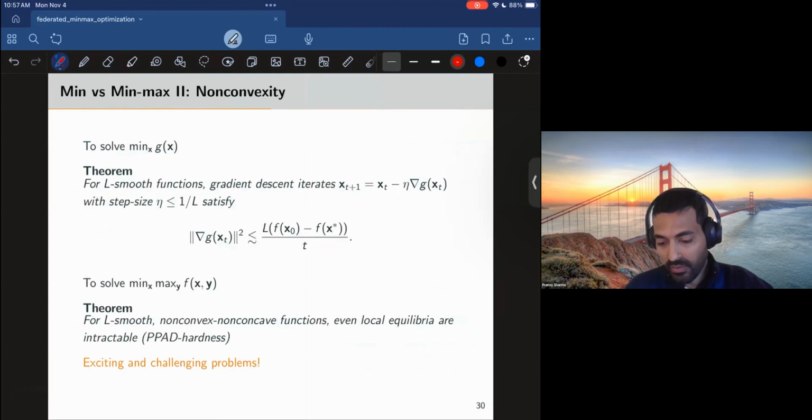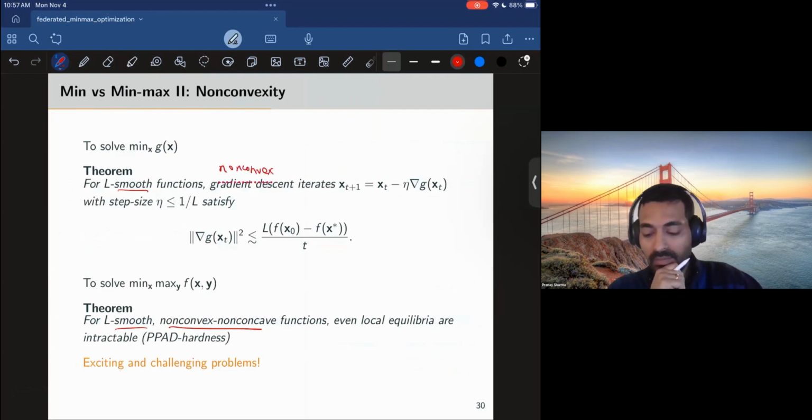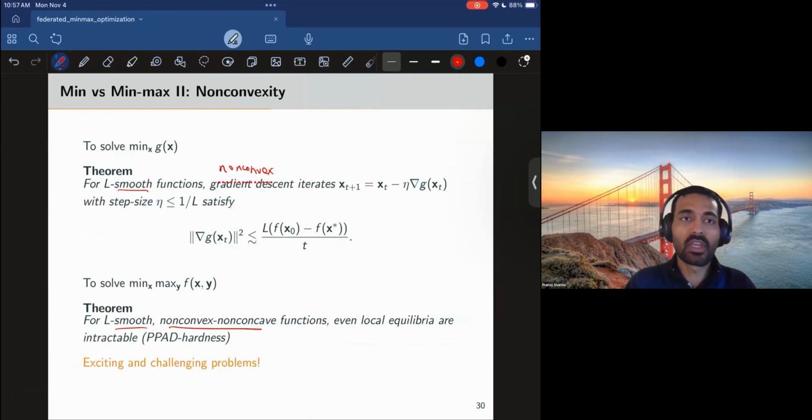Okay, so for smooth, non-convex, non-concave, here it was just non-convex. But here the problem is even more strange. What I mean is that so far we were talking about saddle points, right?